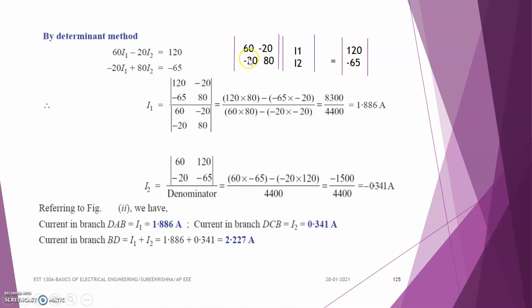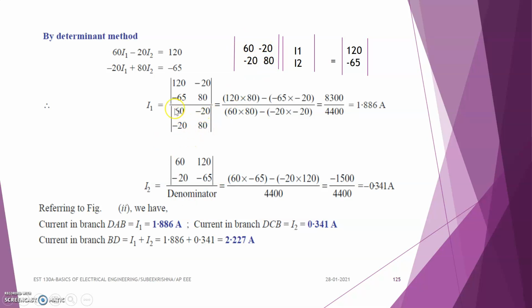For finding the value of I1, we replace the first column with this voltage value, divided by the delta of this matrix. So I1 is equal to, replacing the 60, minus 20 column by 120 and minus 65, the other elements the same, that is minus 20, 80, divided by the matrix 60, minus 20, minus 20, 80.